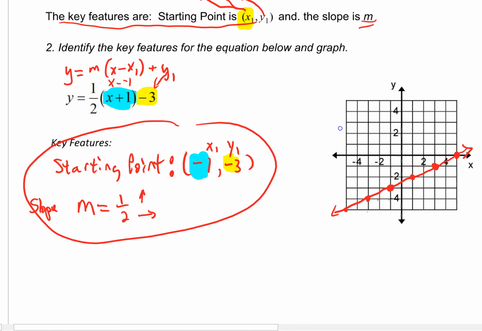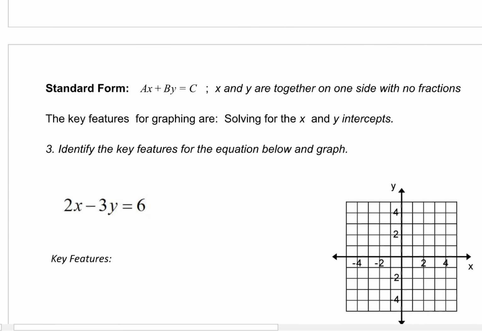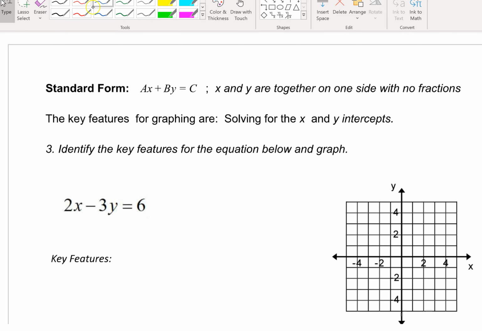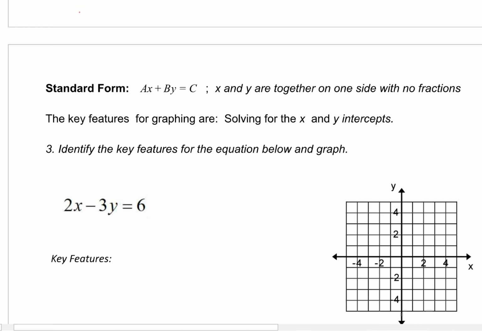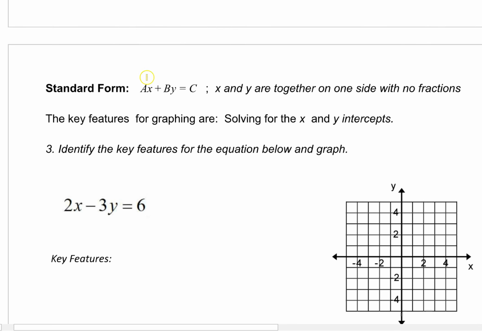So there's one last form of a line that we're talking about, and this is what we have recently talked about, what we've recently done. Standard form. As we're looking at standard form, you could see ax plus by equals c.